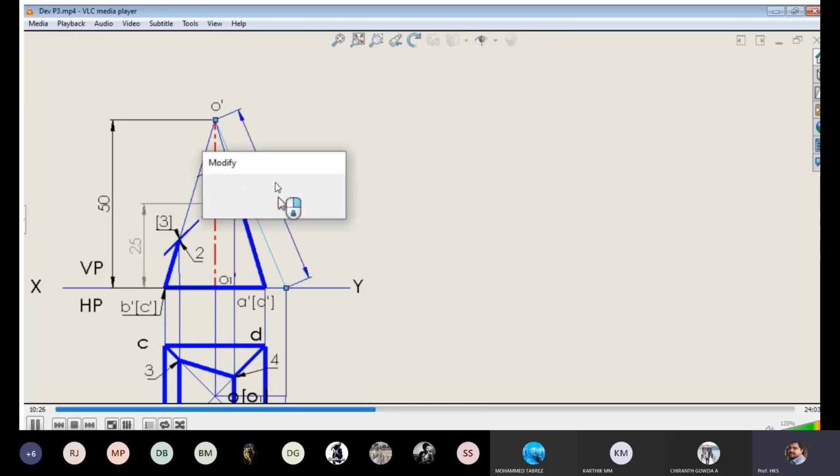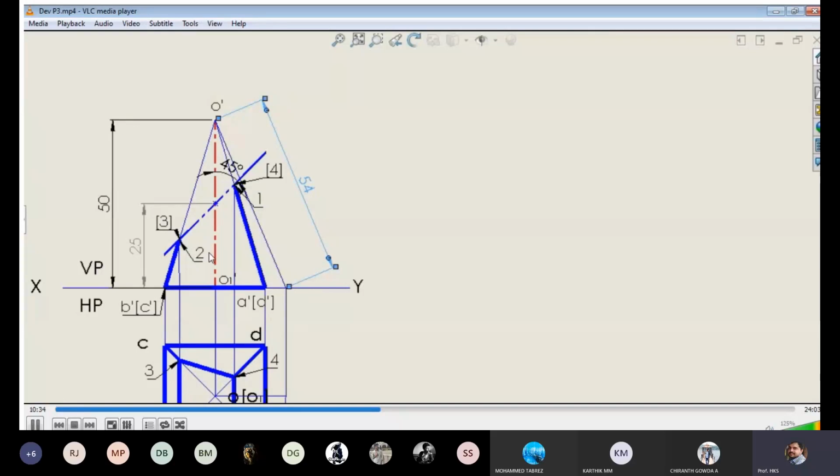Here you can see it is not equal to 50. That means the true length of the slant edge is different from the axis height of the pyramid. It is 54, greater than that.